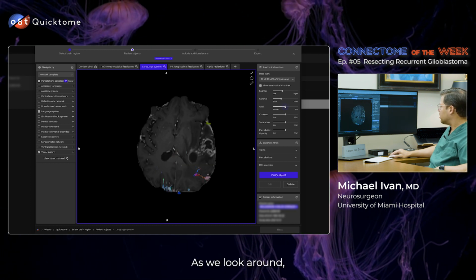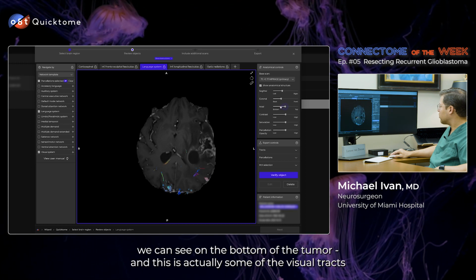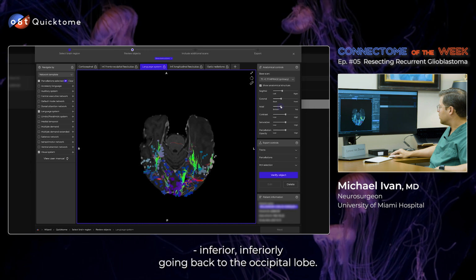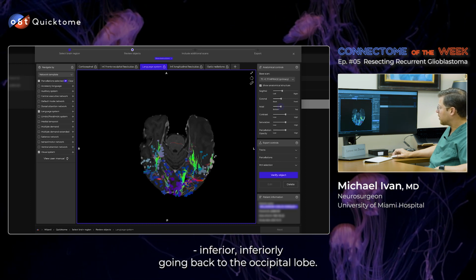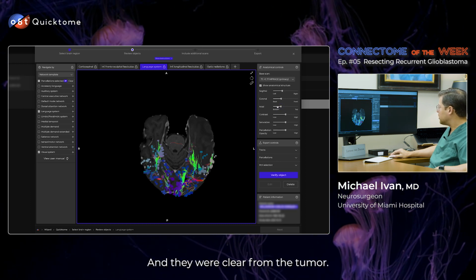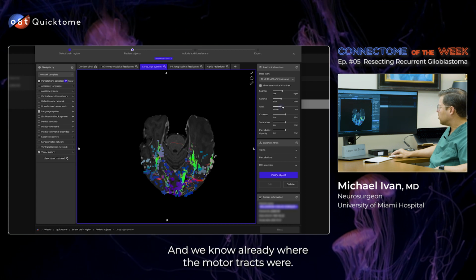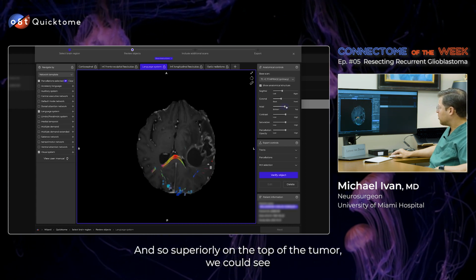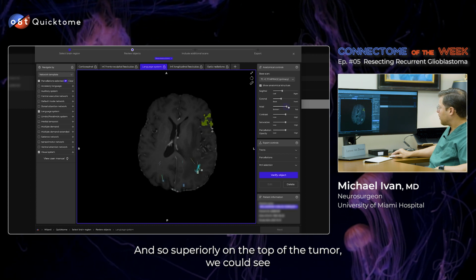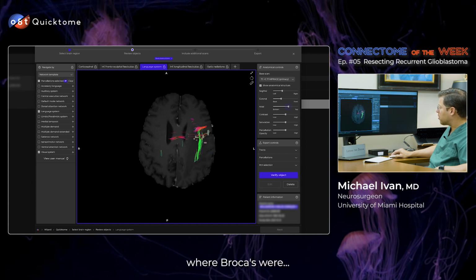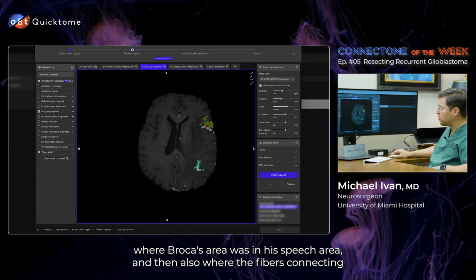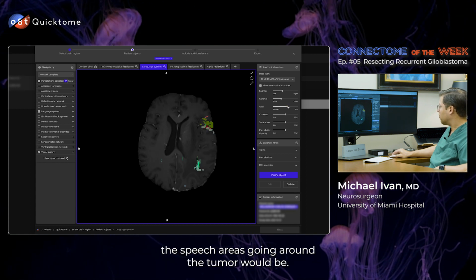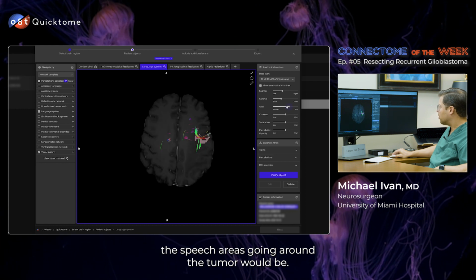As we look around, we could see on the bottom of the tumor, this is actually some of the visual tracts inferiorly going back to the occipital lobe, and they were clear from the tumor, and we know already where the motor tracts were. And so superiorly on the top of the tumor, we could see where Broca's area was and his speech area, and then also where the fibers connecting the speech areas going around the tumor would be.